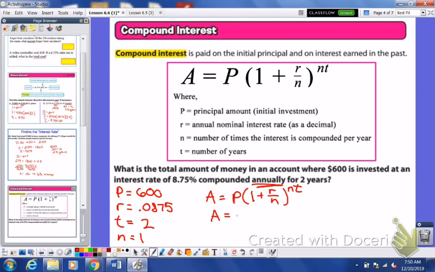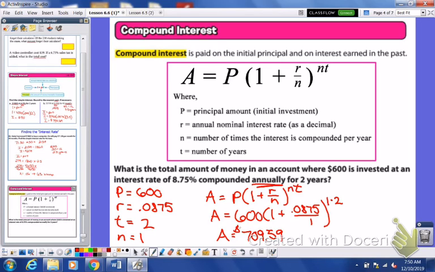A equals 600 times 1 plus 0.0875 over 1 raised to the 1 times 2. Again, make sure those are both in your exponent. At this point, we can just type this entire thing into your calculator. Make sure you type it carefully. And if we put that in, we get that A equals $709.59.